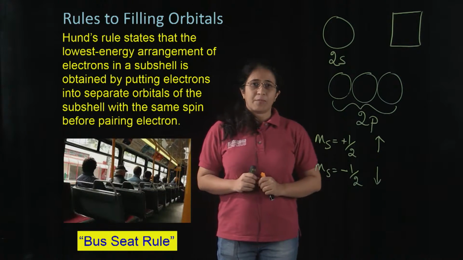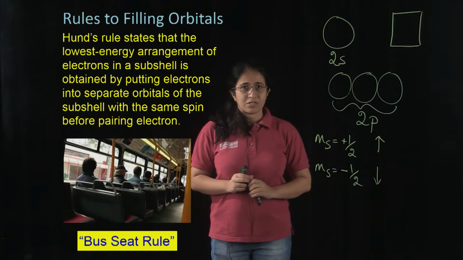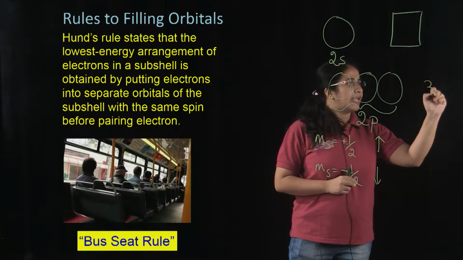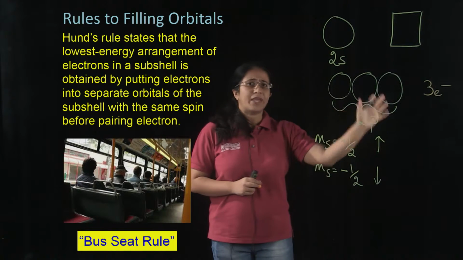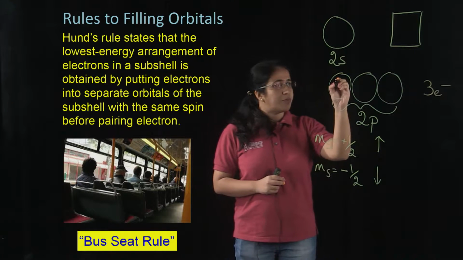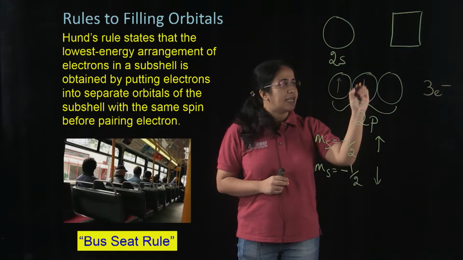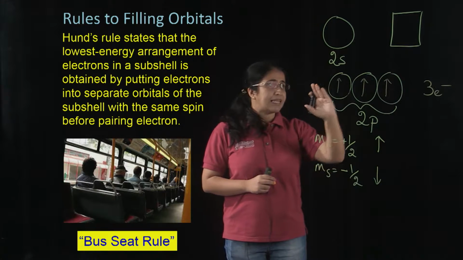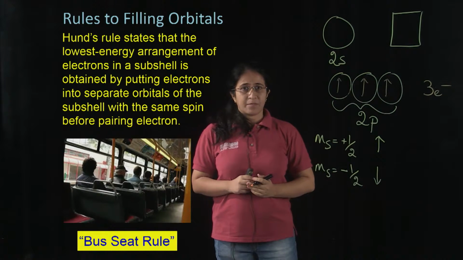The same logic applies in the case of electrons. Let's say we have to put 3 electrons in the 2p orbitals. Based on Hund's rule, you need to put a single electron in each of the 2p orbitals, and they need to have the same spin.